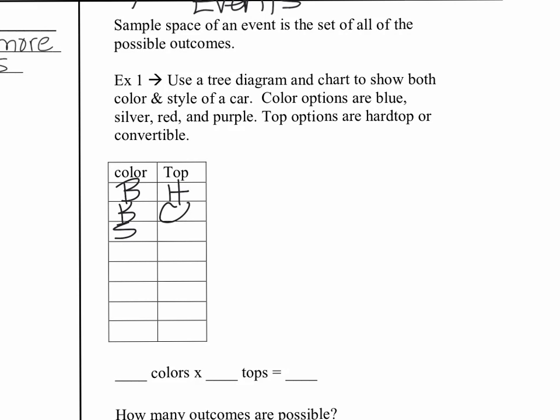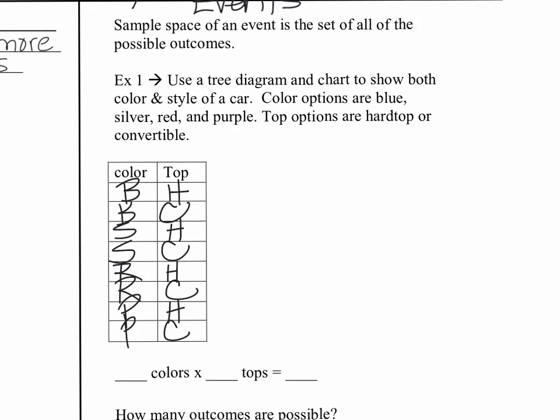You can have the silver car, hard top, silver car, convertible, red car, hard top, red car, convertible. Lastly, a purple car with a hard top and a purple car as a convertible. As you count those, you can see there are eight different outcomes.